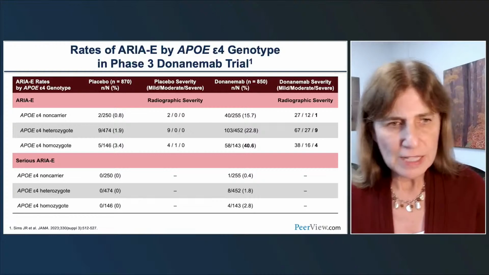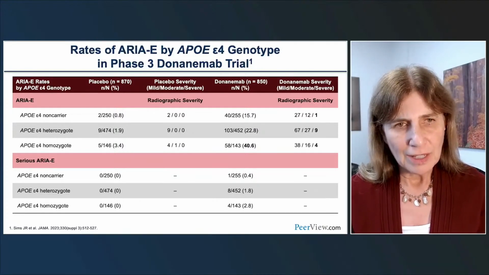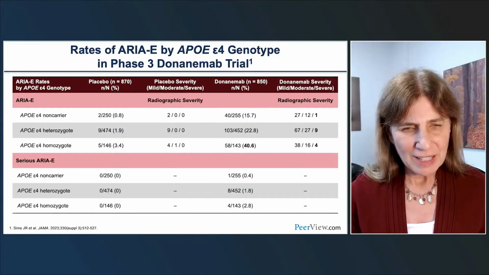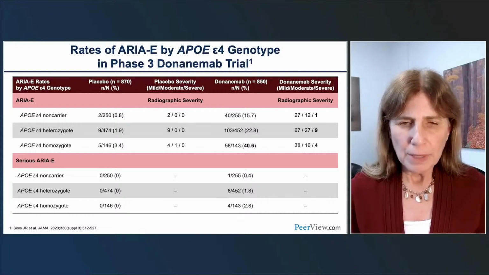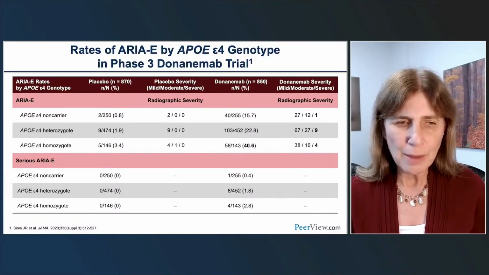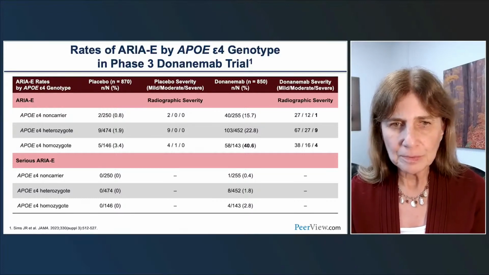We have rates of serious ARIA-E. In the lecanemab data, we had this listed as symptomatic ARIA-E, which is not exactly comparable, but the pattern is there. You have a little bit greater trend in the ApoE4 homozygotes towards serious ARIA-E.